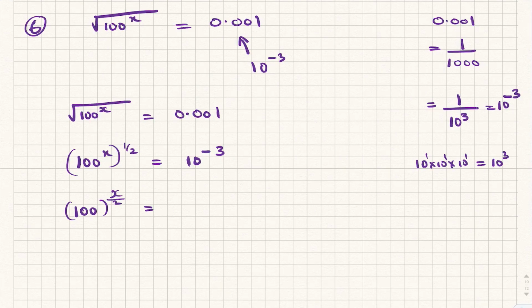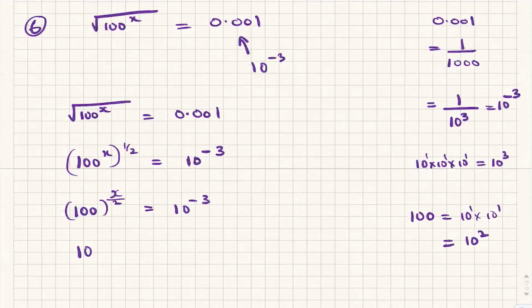And that becomes 10 to the power of minus 3. But I can write 100 in terms of powers of ten as well. That's 10 times 10, 10 to the power of 1 times 10 to the power of 1, which will be 10 to the power of 2. Good.